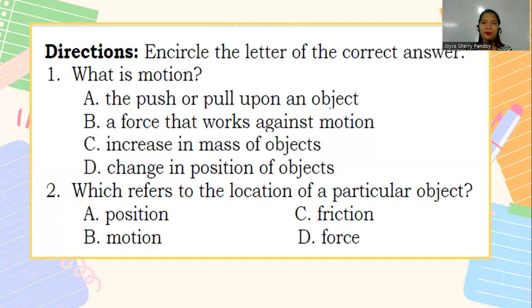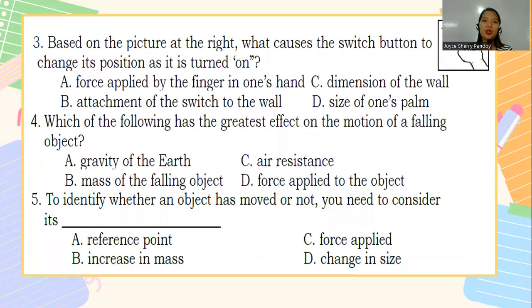Next, based on the picture at the right, what causes the switch button to change its position as it's turned on? Yes, what's your answer? Very good. The correct answer is letter A, force applied by the finger in one's hand.